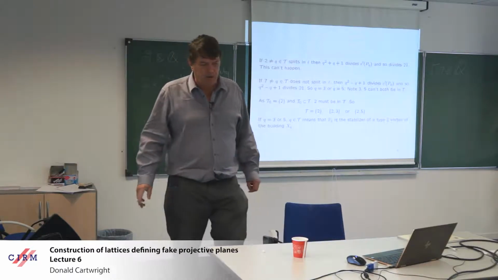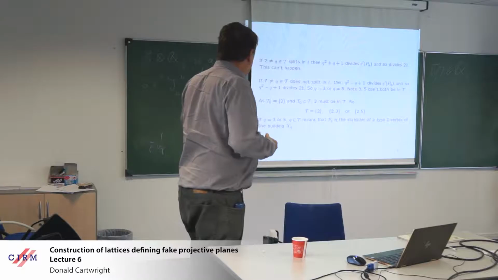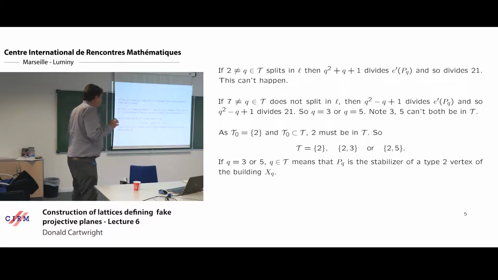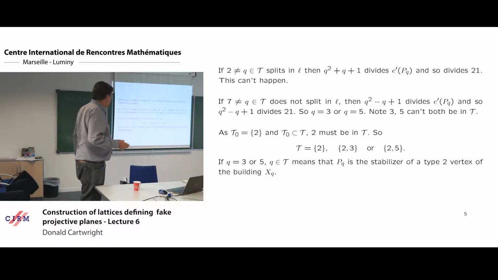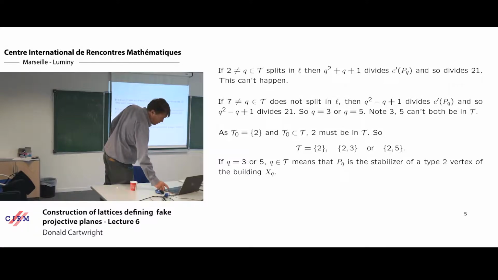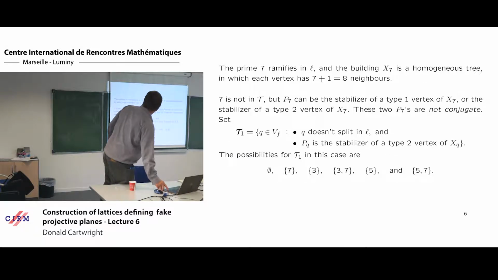It's because those primes are primes which don't split in L. The building is a tree. The tree has vertices of 2 types, and you get a factor like this when P_q is a stabilizer of a type 2 vertex. Okay.